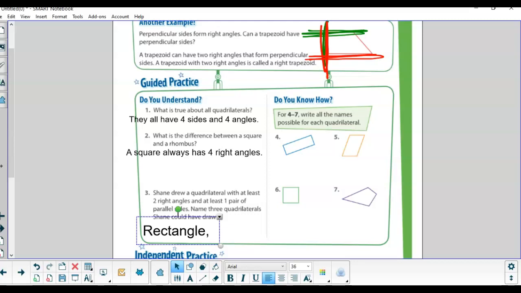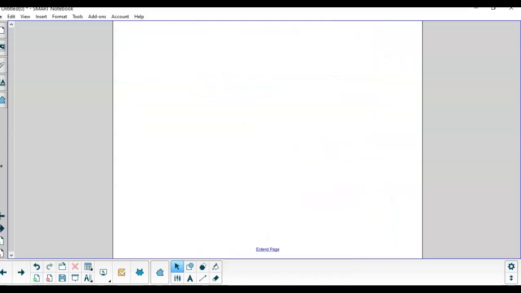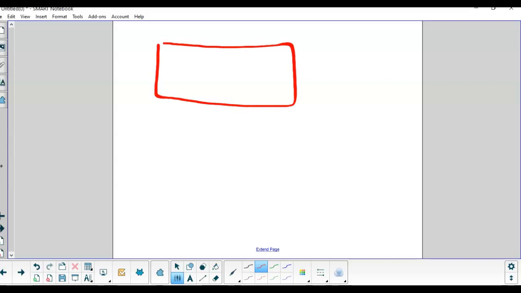Yes, it does. Let's look at a picture here. So a rectangle has at least 2 right angles.